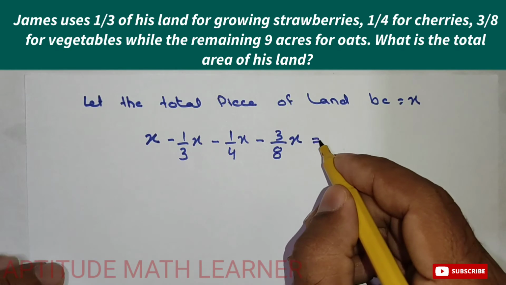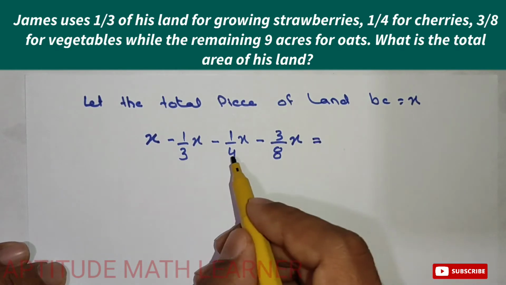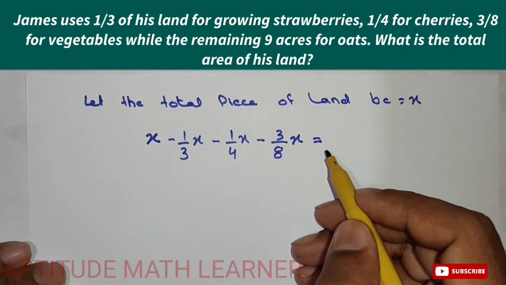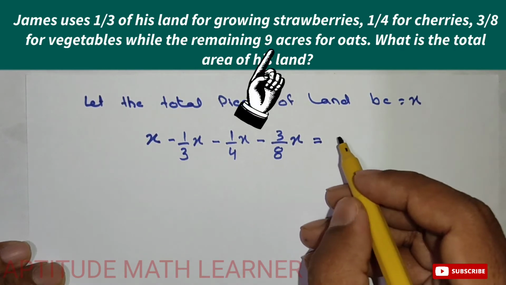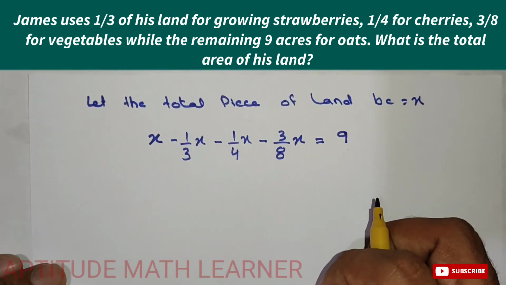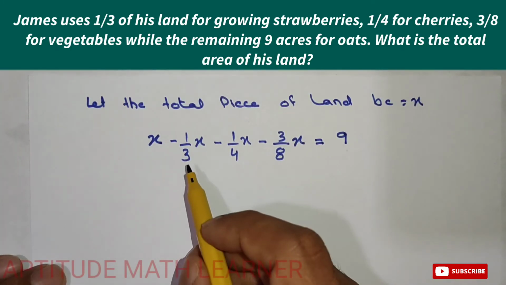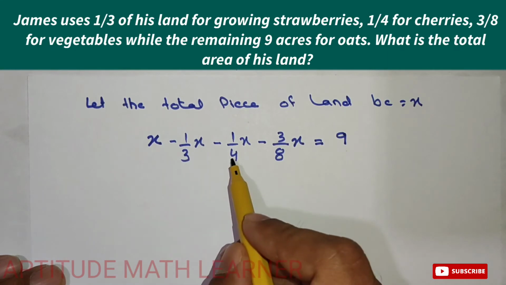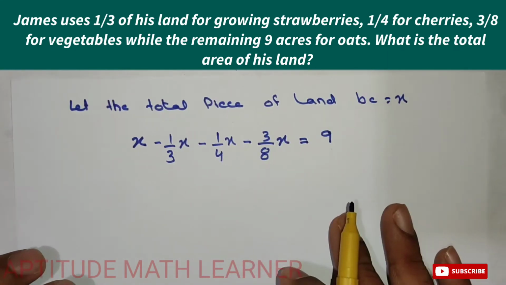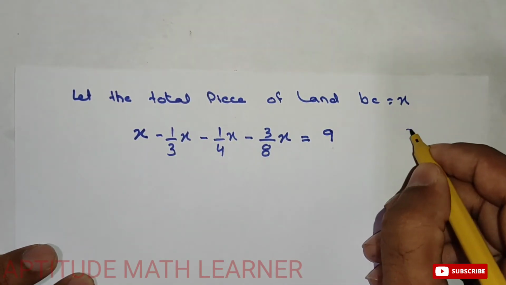So here after taking out these 3 portions from the total land, the remaining land left is 9 acres. And now we have to take out the LCM for these 3, 4 and 8.